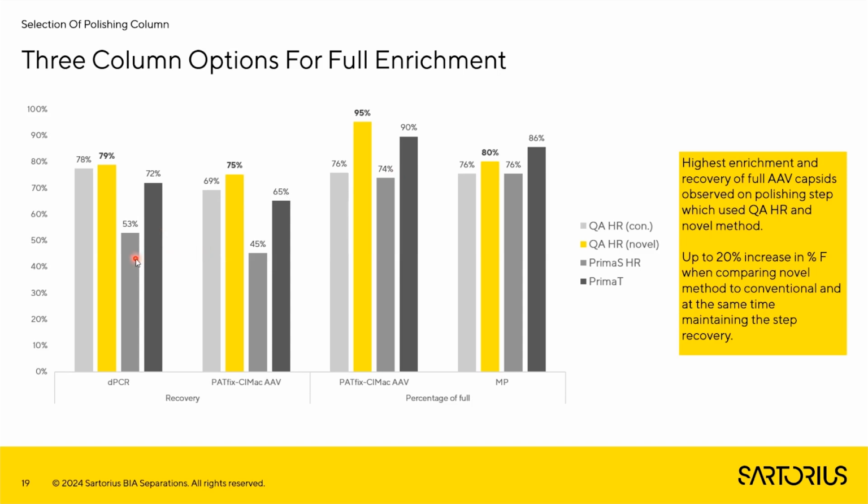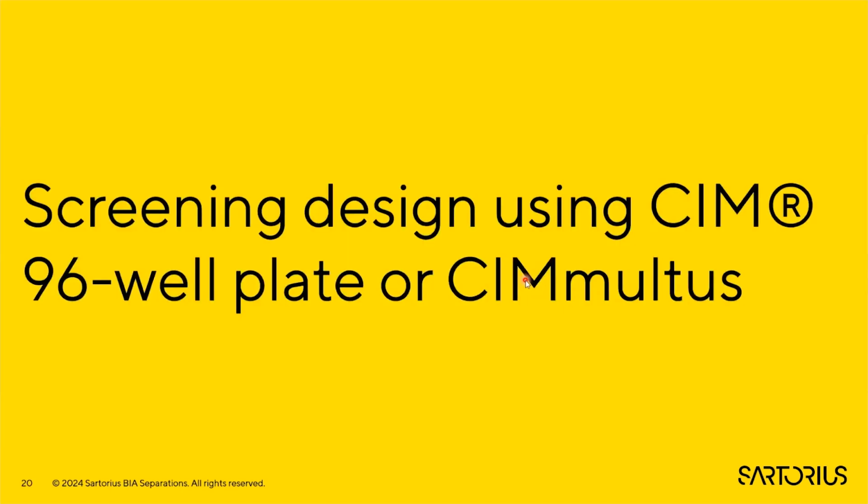For the other 2, Prima S and Prima T, they may be suffering on recovery, especially the Prima S, but in regard to purity they deliver the same quality of product as the QA. But because we are drawing conclusions and averaging, we want to have 2 variables that are fitted. Then we advanced with the QA HR line using the novel method.